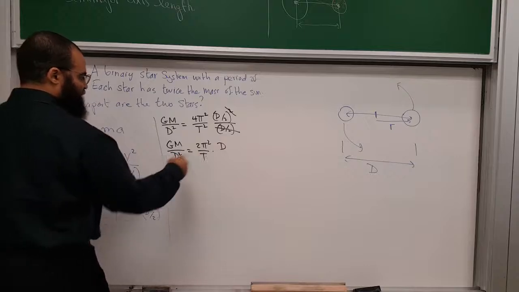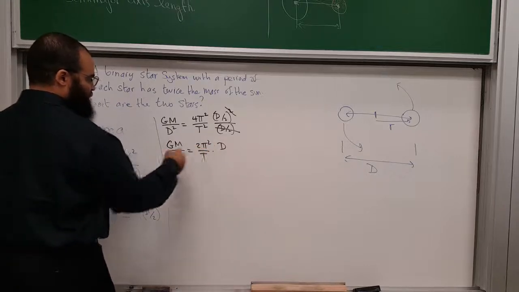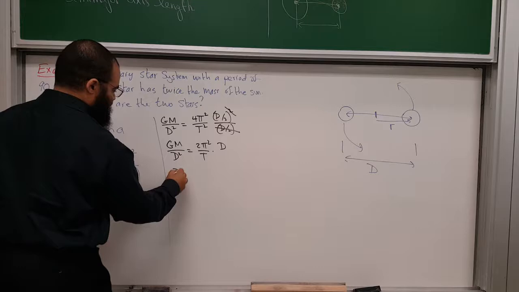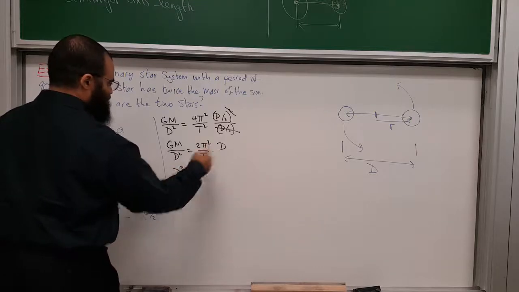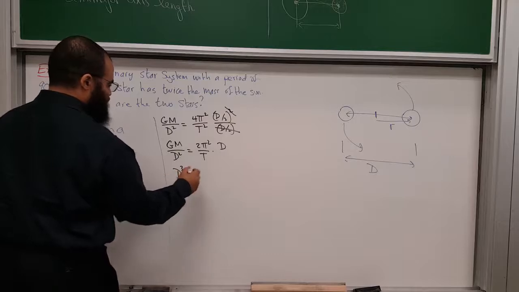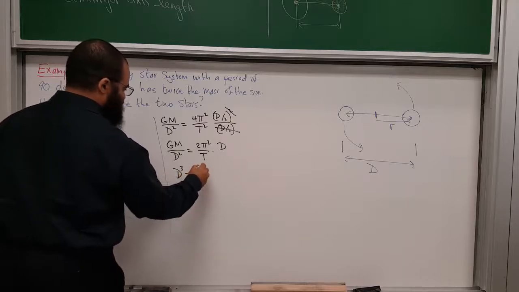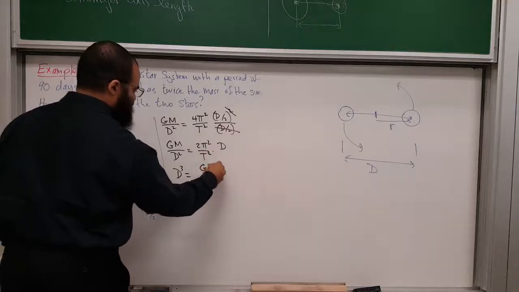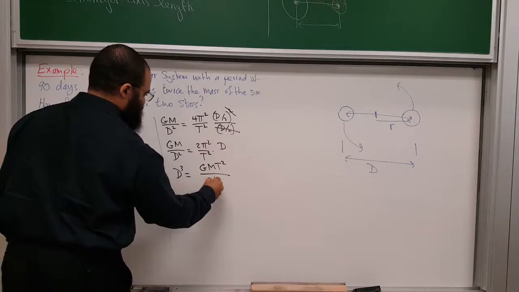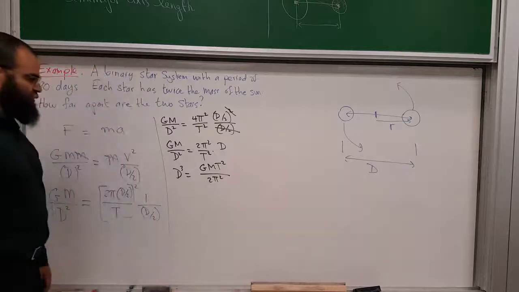And I want D. So D cubed will equal this. So I get D cubed will equal, multiply both sides by D and solve. So you have D cubed will be G, oh, I forgot to square the period, T squared. G M T squared divided by 2 pi squared.